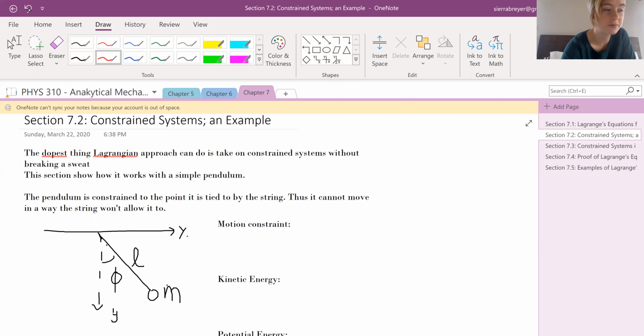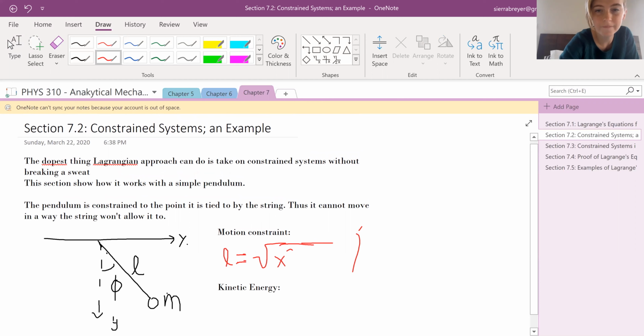So the constraint on its motion is that the length of the string is going to be equal to the square root of whatever x it's at squared, plus whatever y it's at squared.